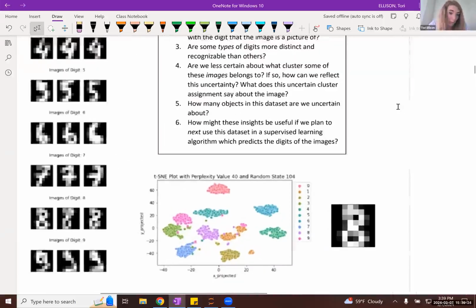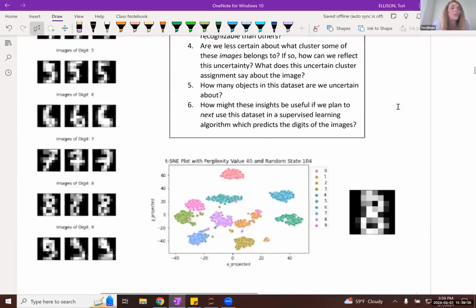So what we're seeing here is a pretty strong association for the most part between each of the actual digit labels that we know and the clustering structure that we're seeing here. So this t-SNE plot suggested cluster that we're seeing here has a very strong association with the digit 0.